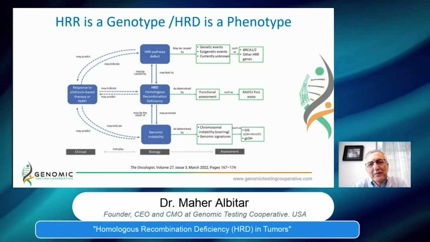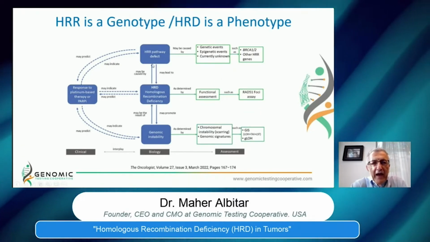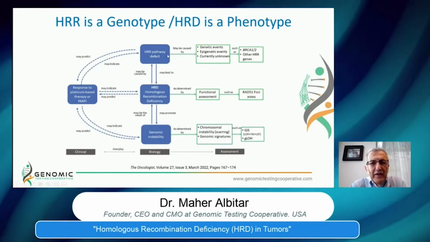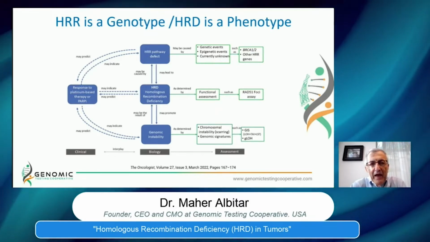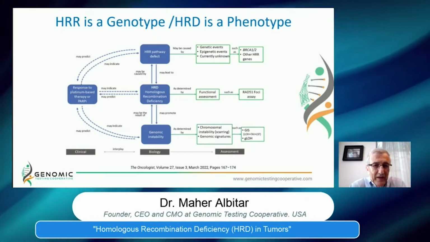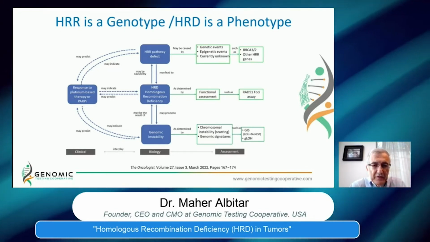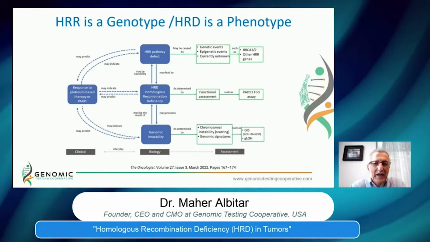So for testing for this, you can really look at mutation in one of these genes, or so-called HRR abnormalities, and you can look at that as germline abnormalities as well as in the tumor.